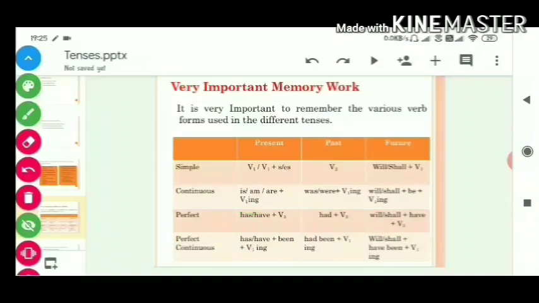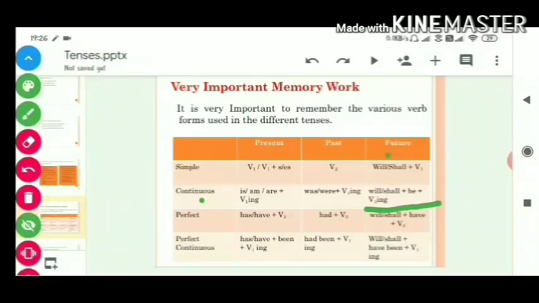Past continuous tense, we use the verb was, were plus V1 ing. Was for a singular subject and were for a plural subject. In future continuous tense, the verb is will, shall, be plus V1 ing. Students, we use will, shall plus be plus V1 ing.